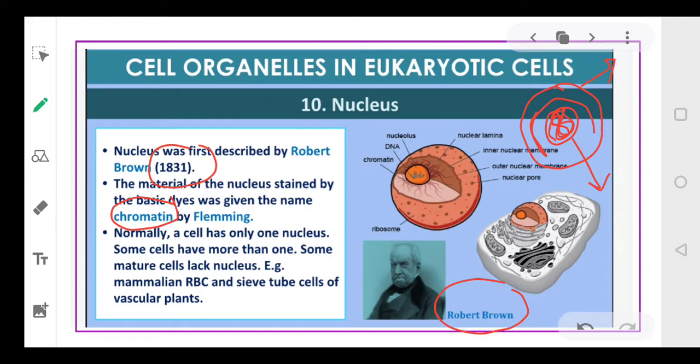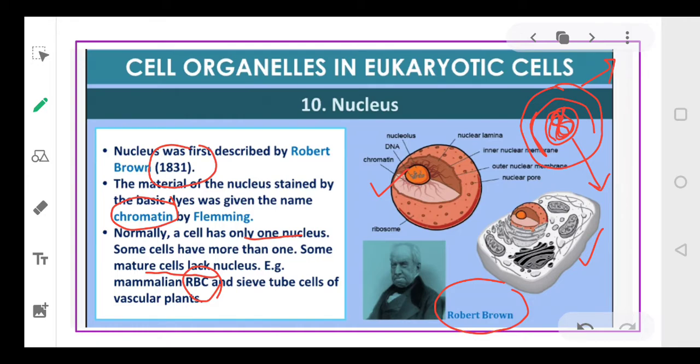Normally we will observe that in most of the cells there is only one nucleus. You can see here, this is a plant cell, and generally a single nucleus is present in a cell. But some cells may have more than one nucleus, like your neutrophils. While in some cases mature cells do not contain a nucleus, like the mature RBC, which does not have a nucleus because it is filled with hemoglobin.